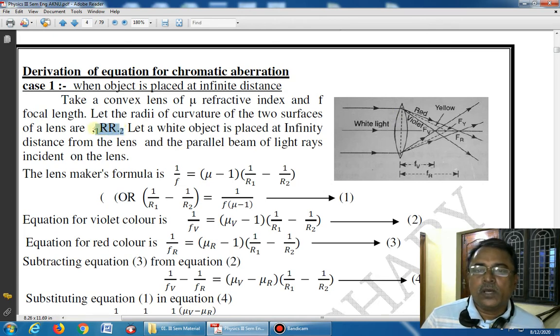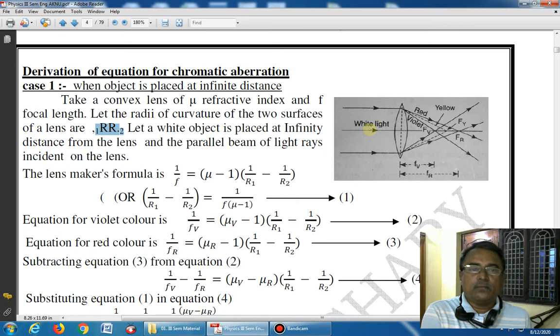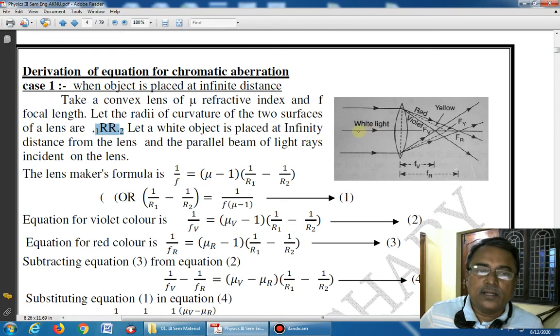Here we are using a composite light, that means a white light. This white light object is placed at infinite distance. So, the rays that are coming from a distant object are parallel to one another, and that light is also called a parallel beam of light.